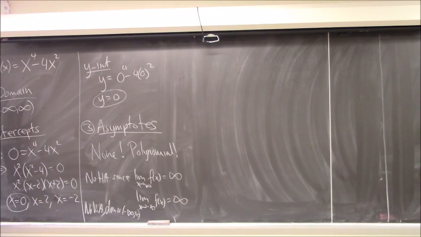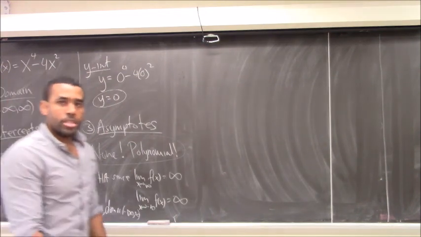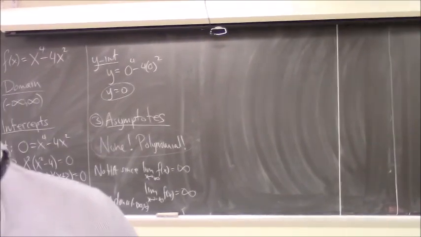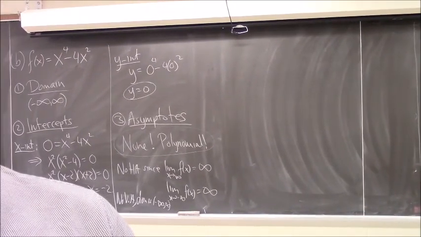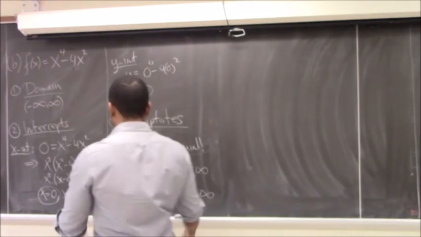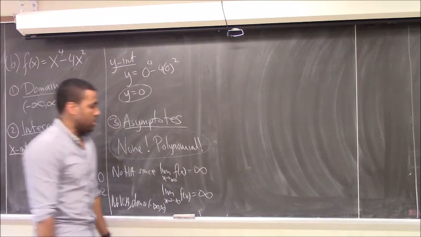If you're given a polynomial, you don't have to show it. By the time we get to the test, I'll assume you know how polynomials are nice. They're always defined, there are no asymptotes, there are no gaps. They're very nice ones. So you can just write none because it's a polynomial, and that's fine. Moving on.